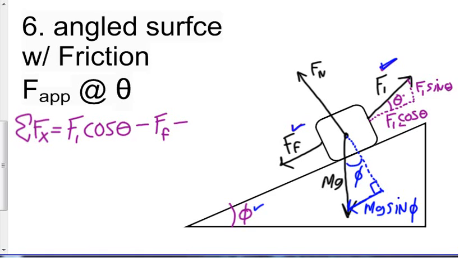And this over here is going to be mg cosine phi. And so I'm worried about the part that's going down the ramp in the x direction. So this is minus mg sine of angle phi. And what does that equal? That equals ma in the x direction. I got that really condensed there.